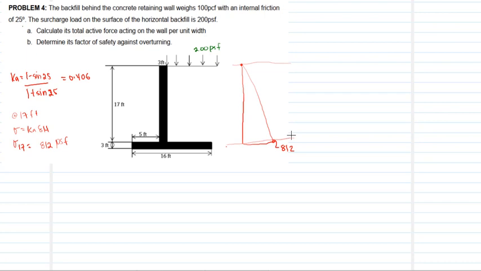So, yung value natin dito is equal to 812. Okay? And then, due to our surcharge, ito yung pressure diagram natin due to the soil. And due to our surcharge, ano yung value natin? Due to surcharge, that is Q multiplied by the coefficient. So, ano yung surcharge natin? That is equal to Q multiplied by Ka.